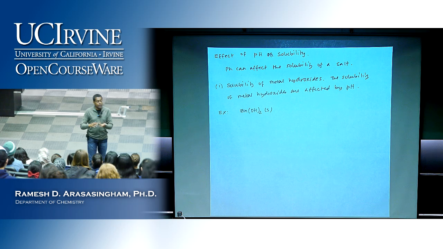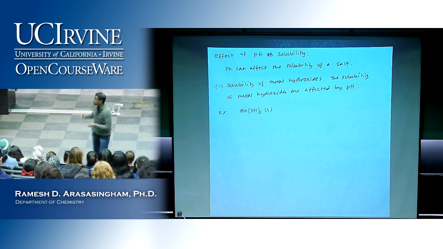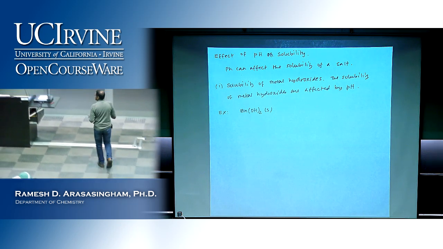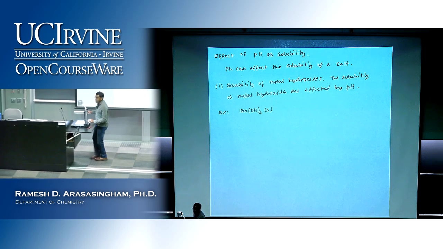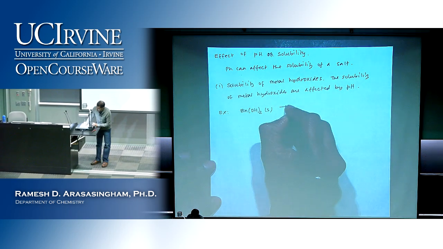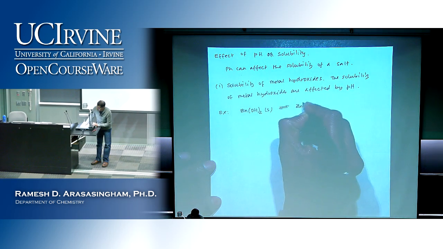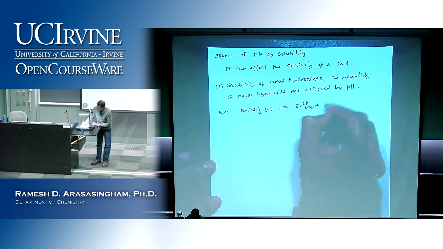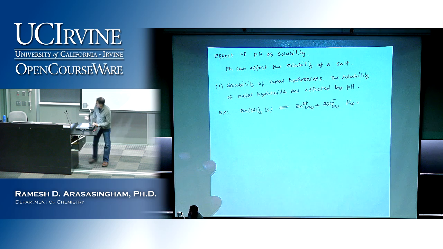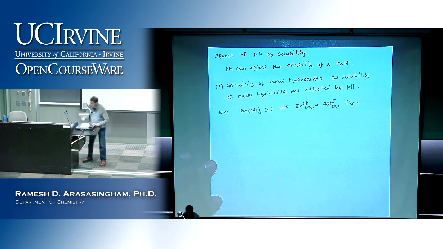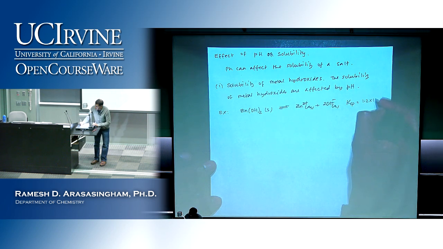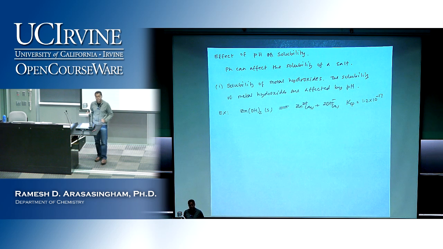All right? Most of the hydroxides are insoluble. So if you take zinc hydroxide, you establish this equilibrium where you have zinc 2 plus aqueous plus 2 OH minus aqueous, and this has a Ksp of 1.2 times 10 to the negative 17.